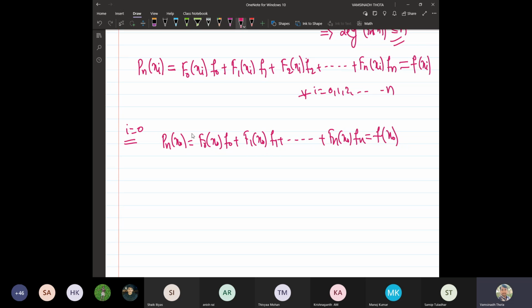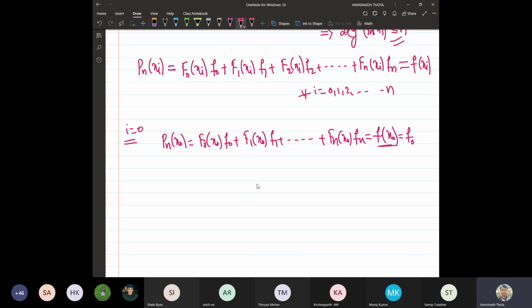Now you tell me what are the possibilities for these things. Here, f at x0 is nothing but f0.